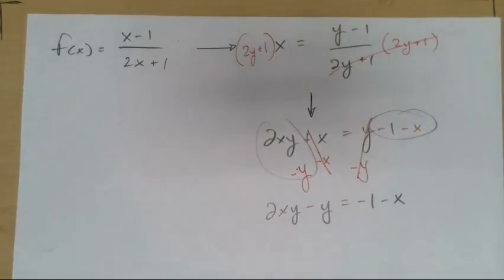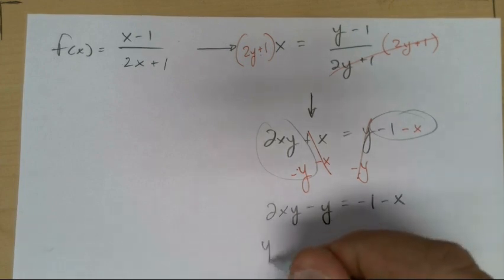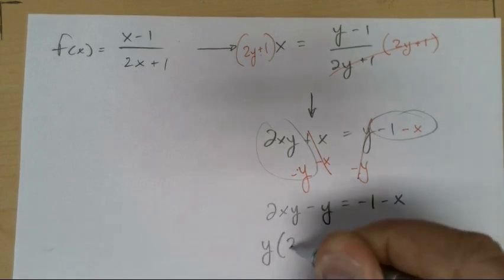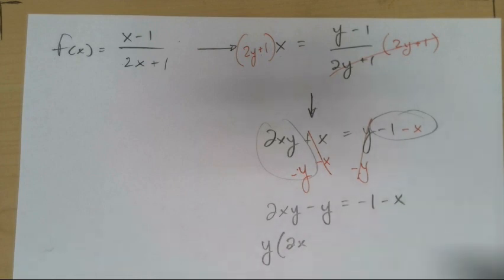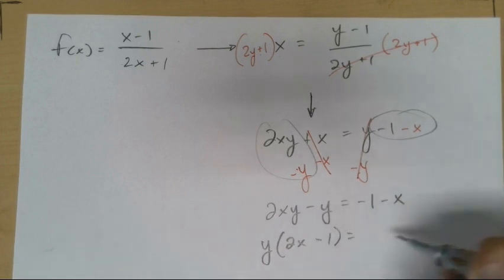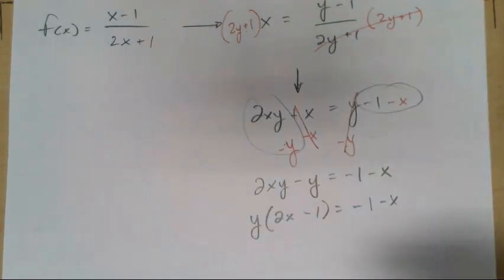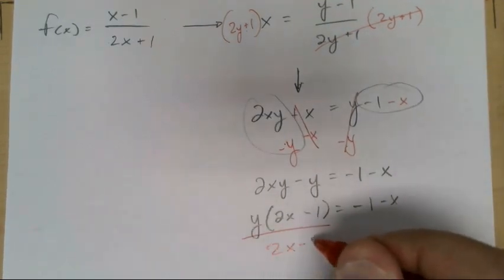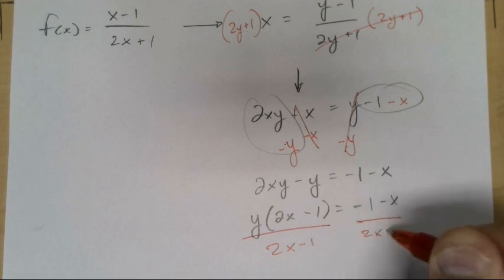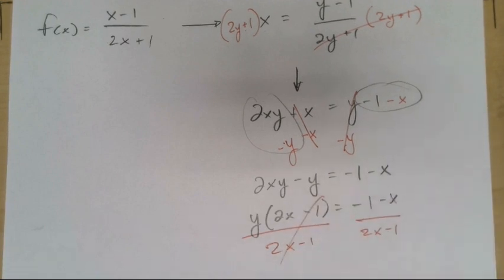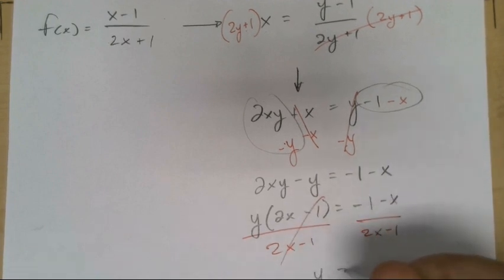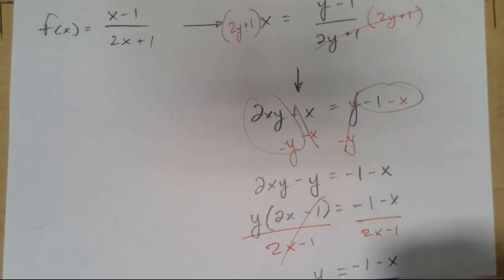Okay? Now, remember, the next thing you're going to do is factor out the y. Always, because that's the only way to get it out of two terms. And I get y times 2x minus 1 equals negative 1 minus x. Now I just divide both sides by this 2x minus 1, and I get that y is equal to negative 1 minus x over 2x minus 1.